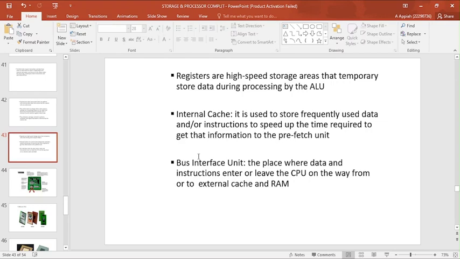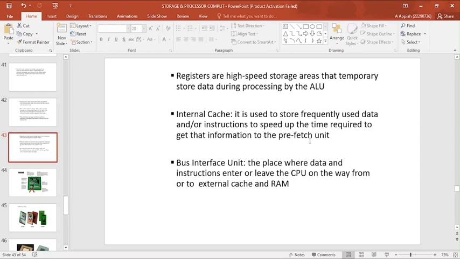So when you have instructions that are frequently executed or mostly executed, instead of keeping them in the RAM, they are kept in the cache to allow for faster access. So it doesn't go all the way to the RAM for it, but it goes to the cache for those instructions. So this allows for faster access to instructions.